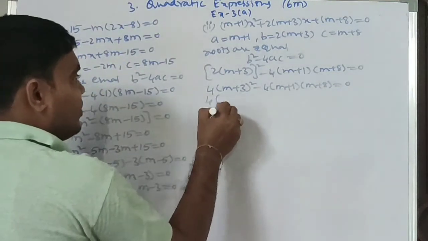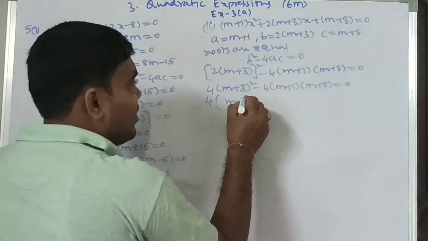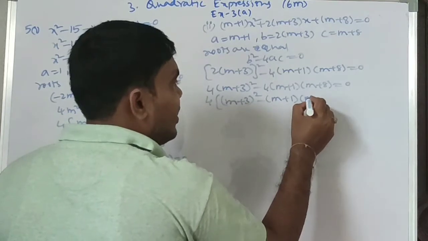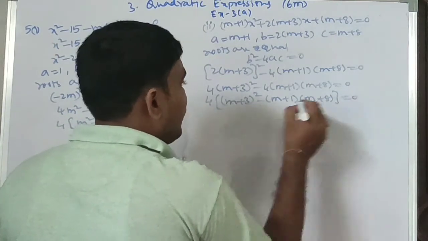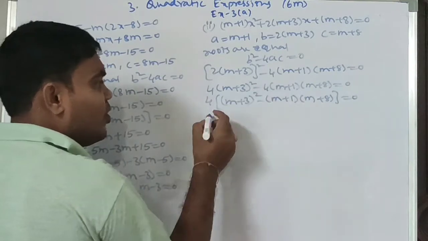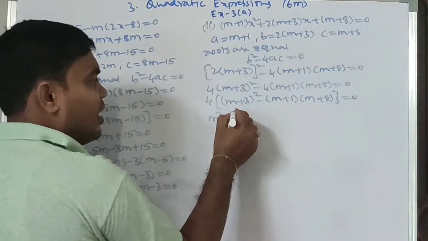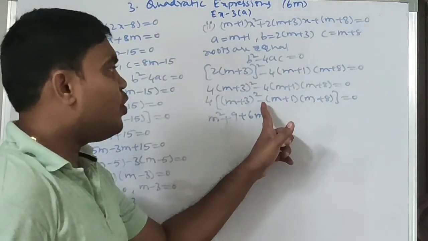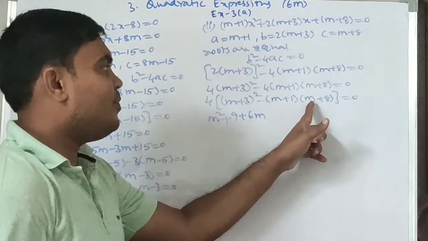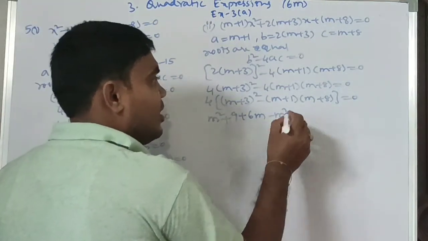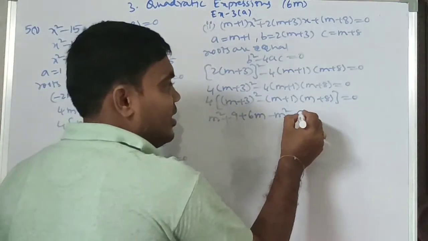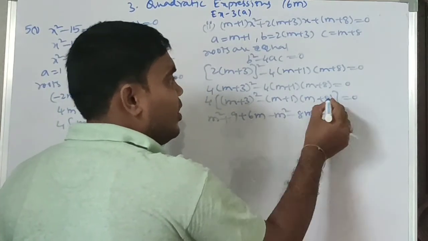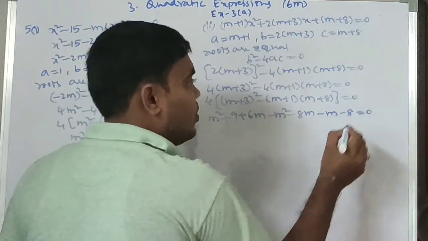So taking 4 common, (m plus 3) whole square minus (m plus 1) into (m plus 8) equal to 0. So 4 bringing outside, a plus b whole square, m square plus 3 square 9, 2 into 3, 6m. So I want to multiply before minus, keeping minus, m into m square minus m square, m into 8, 8m minus 8m, m into 1, 1m minus m, 1 into 8, 8 minus 8 equal to 0.